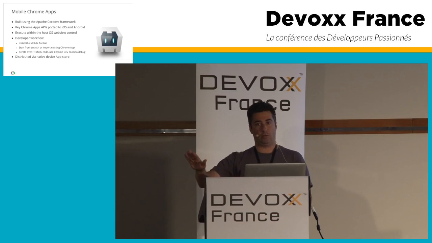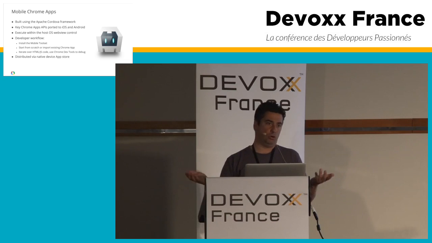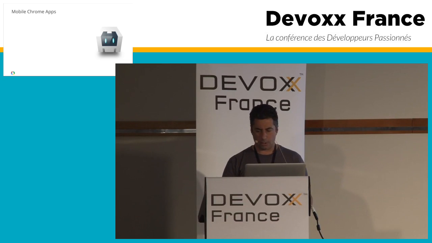So you can attach to the remote process on the device and debug like you would normally, which is really, really nice. And then you distribute these via whatever the native app store is, Google Play, the Apple App Store. In the future, we'll look at other platforms as they warrant, but right now, those are the two. So currently, we've focused on a set of Chrome apps APIs that we're initially going to support.